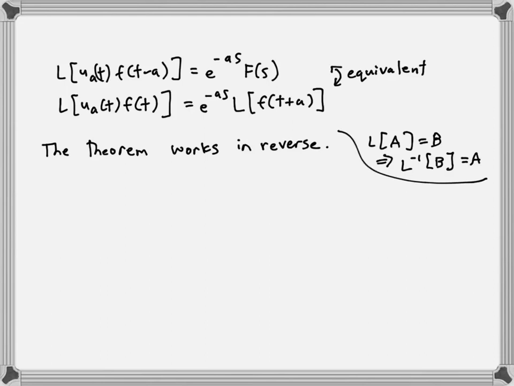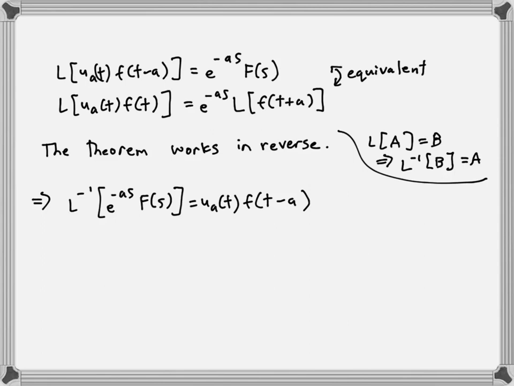And so what would the inverse of the theorem say? This implies that the Laplace inverse of e to the negative as F of s is equal to u a of t f of t minus a. So this is how you would do it in reverse when taking the Laplace inverse.